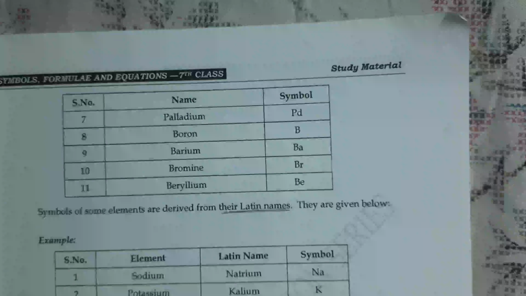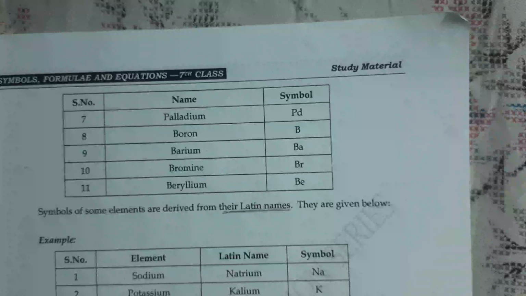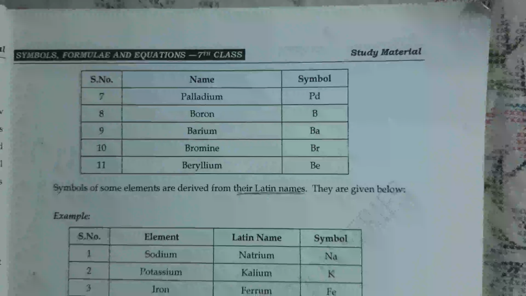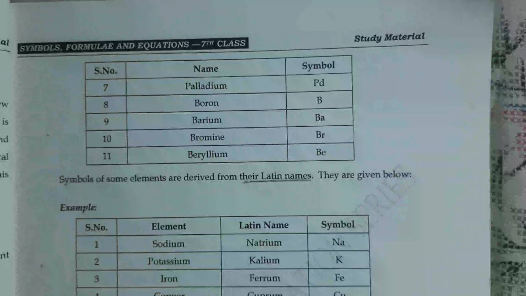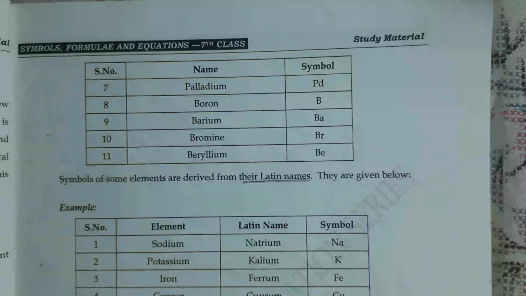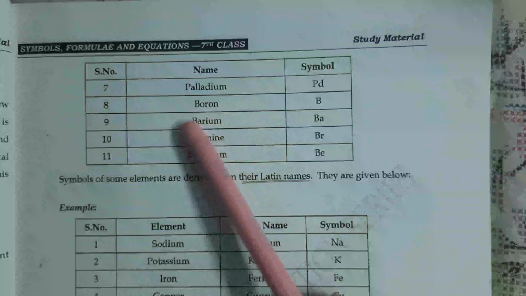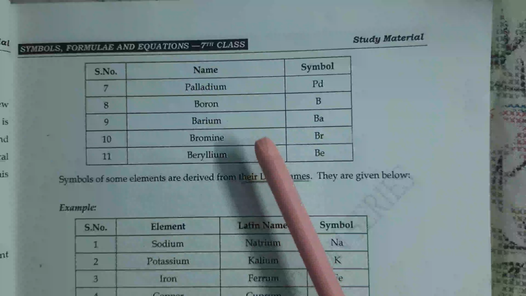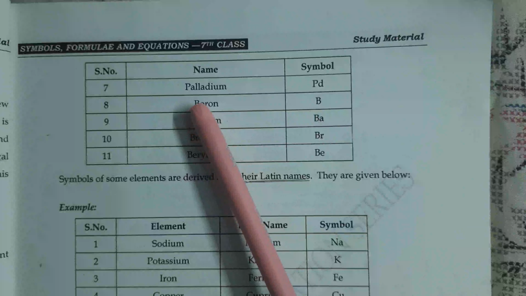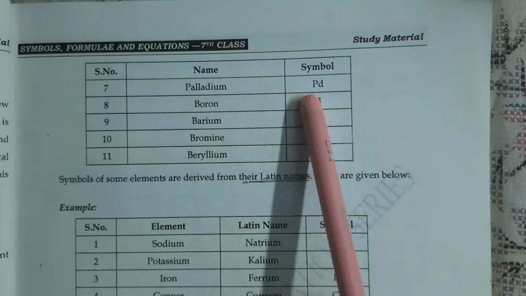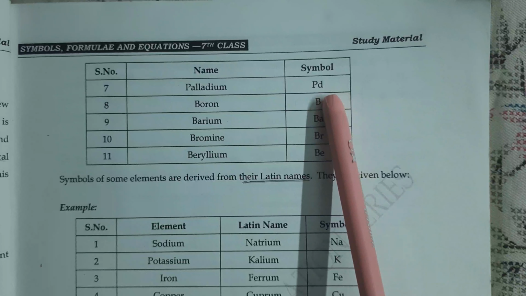This IIT Foundation material is useful for every child, from 6th onwards you can prepare, because I am telling it in a very simple manner. Now see, phosphorus and platinum we said; palladium also starts with P, but the prominent letter gives Pd. Pd is the symbol for palladium.